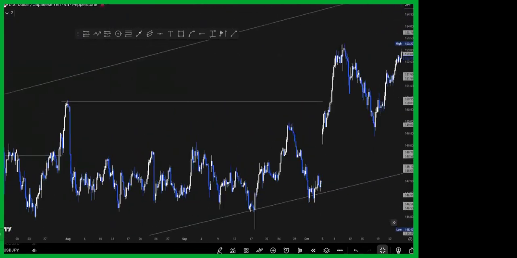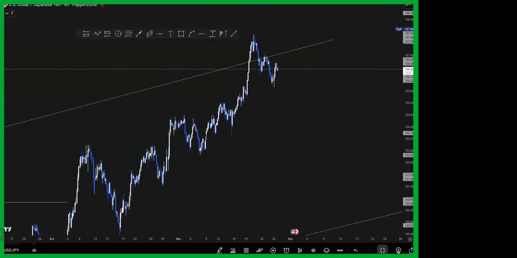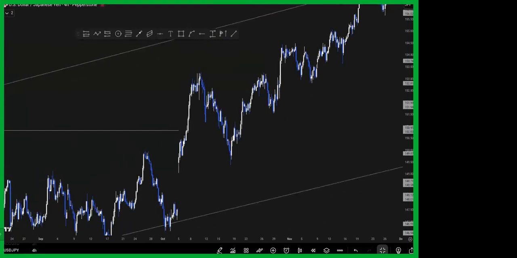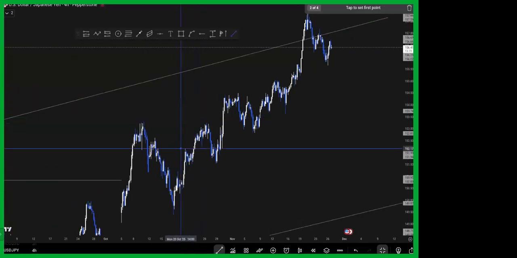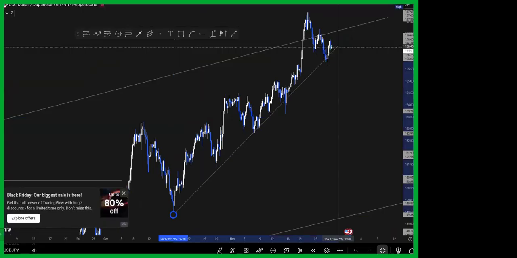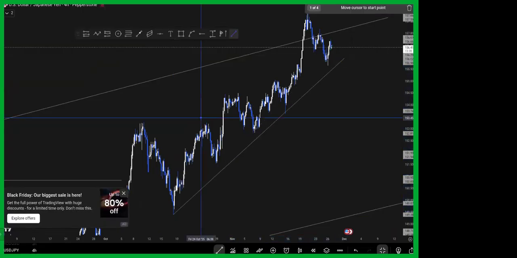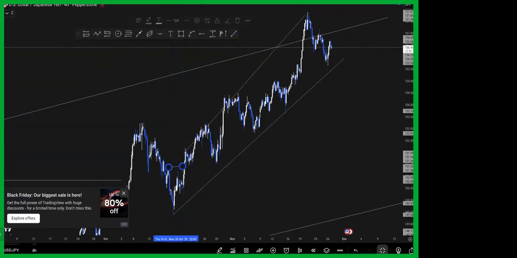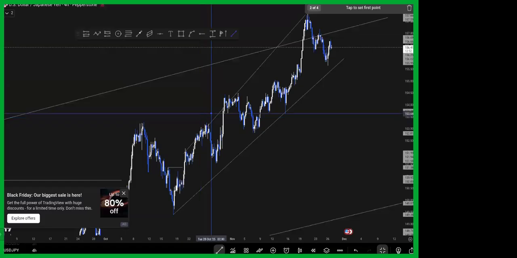This is another break of structure to the upside. I think that was all before the recent price action. And even in this recent price action, you can see your demand trend as well, in which we have our market structure shift here, and then we have our break of structure here.